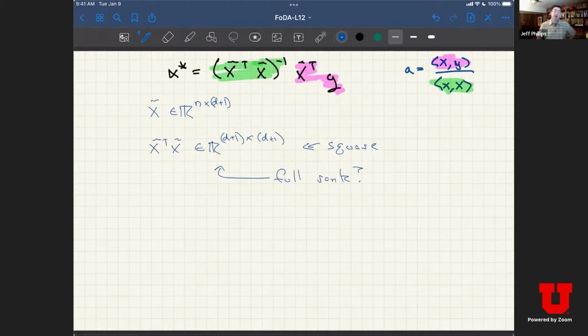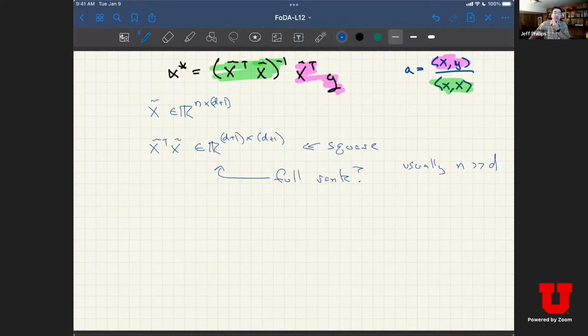So, okay, this is not totally clear. It might not be full rank. Usually we have n much bigger than d. You'd usually want to do regression when you have many more observations than you have dimensions, and they might be captured with a little bit of noise.